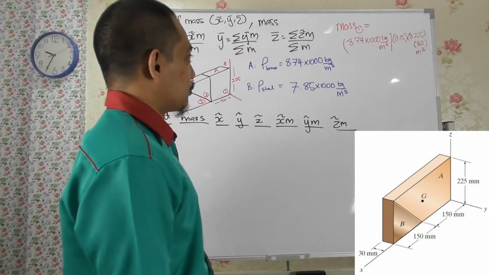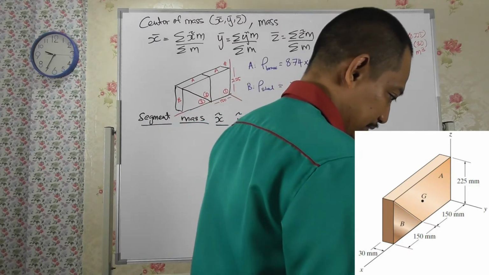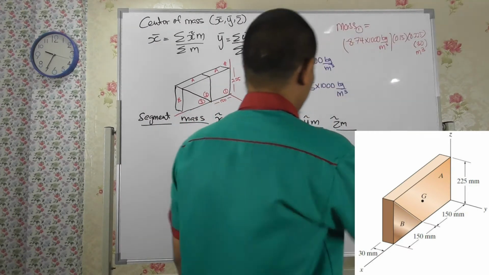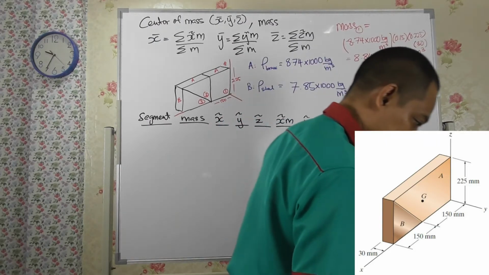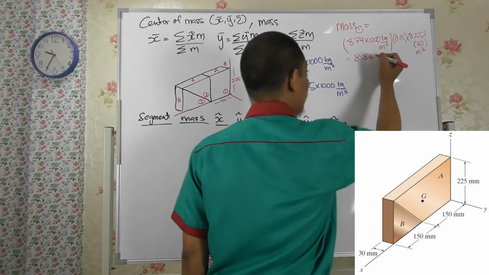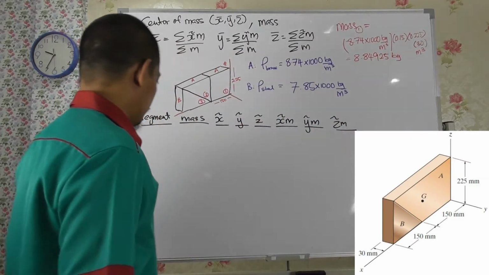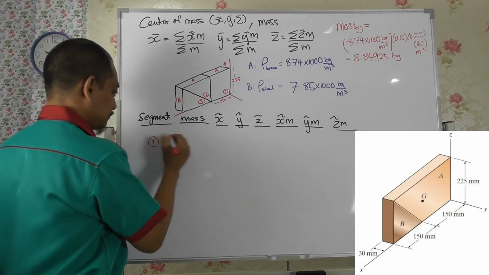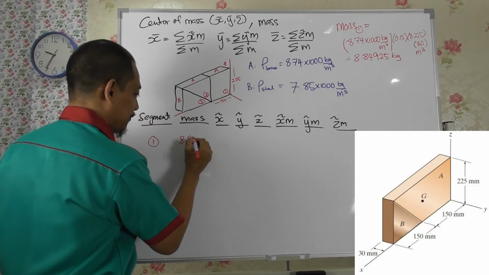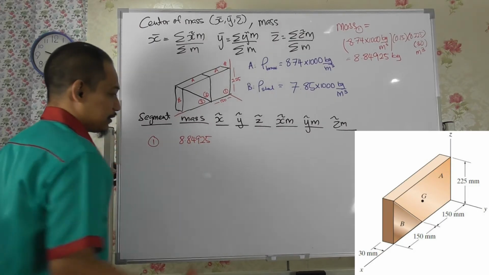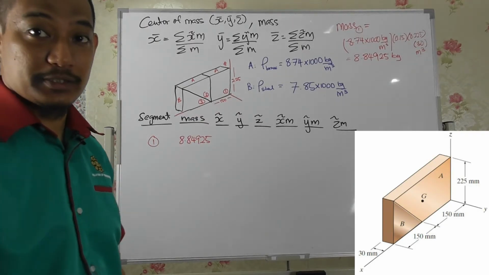If you multiply all of those, you would get something like 8.84925 kilogram, right? So for segment 1, here is 8.84925 kilogram, from that calculation.